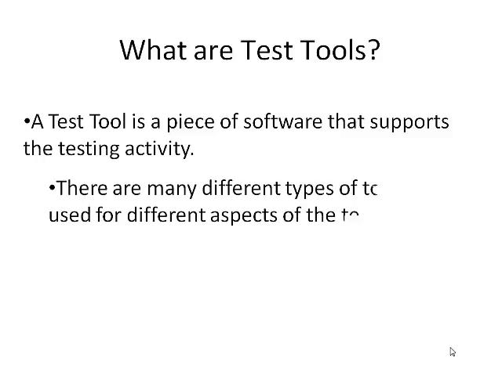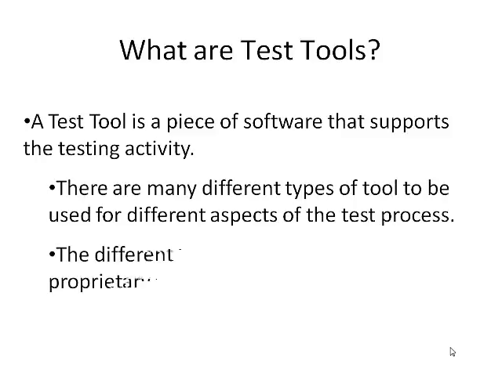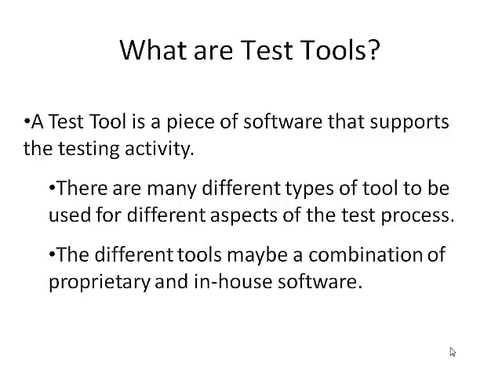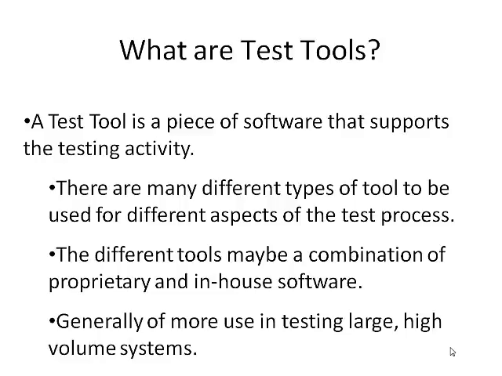There are a whole range of different tools, and these different tools interact with each other. Whether the tool is appropriate or not really depends on the type of system which we're looking at. High-risk systems, e-commerce systems, safety-critical systems, large data systems, these are the kind of things which would benefit perhaps from the use of a tool.